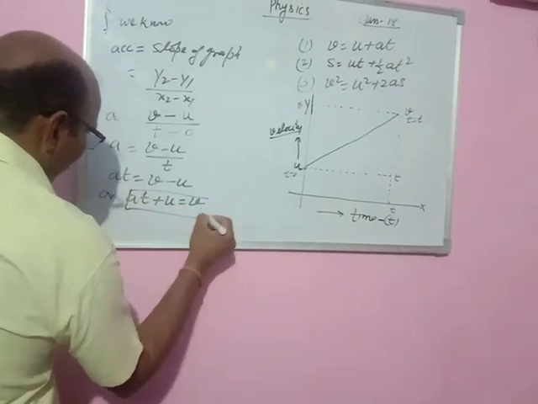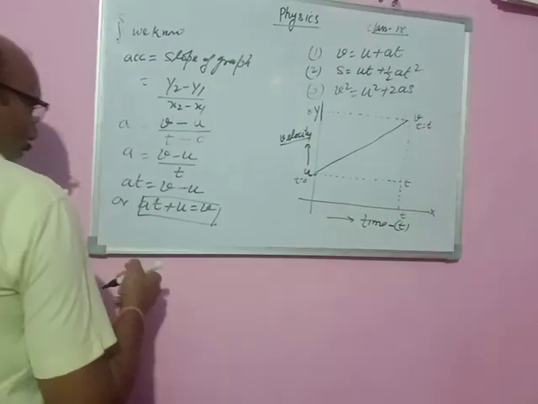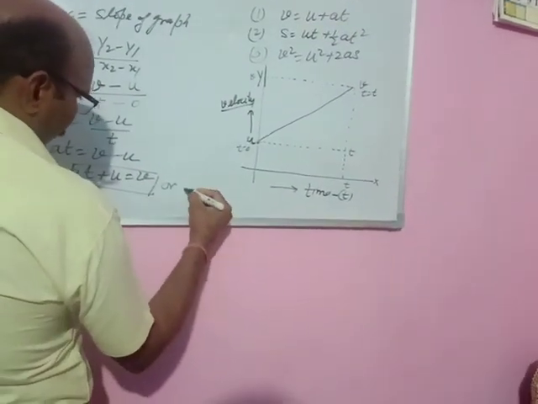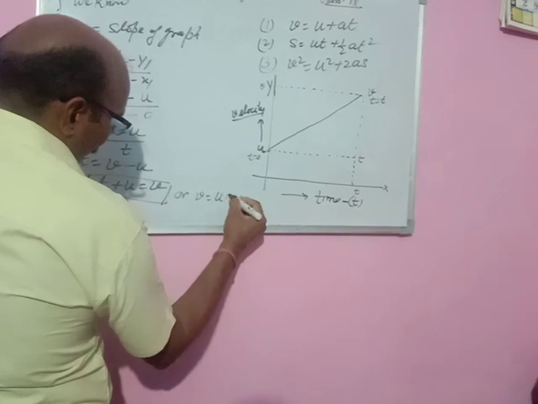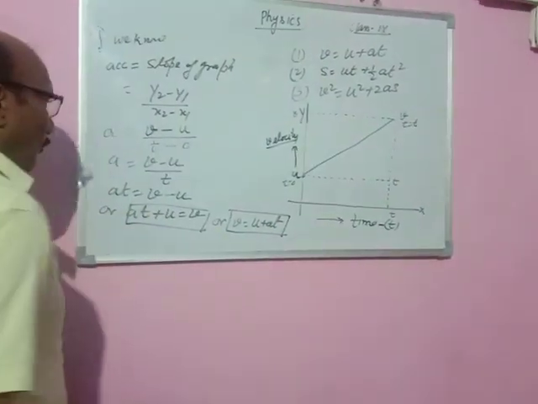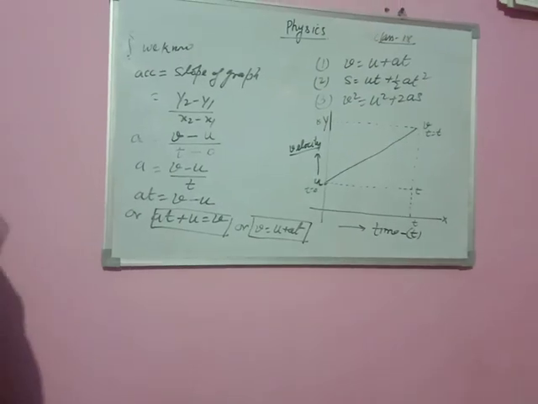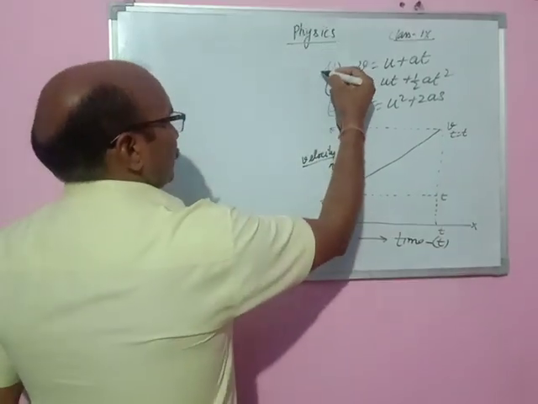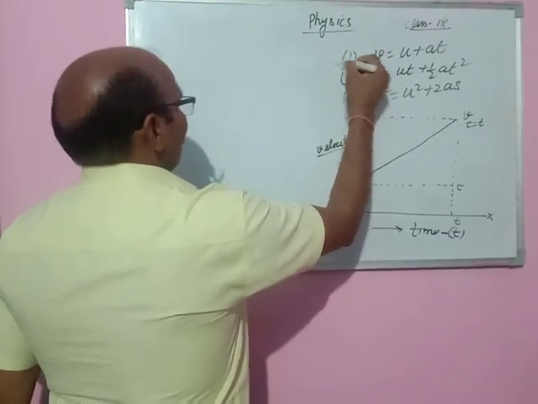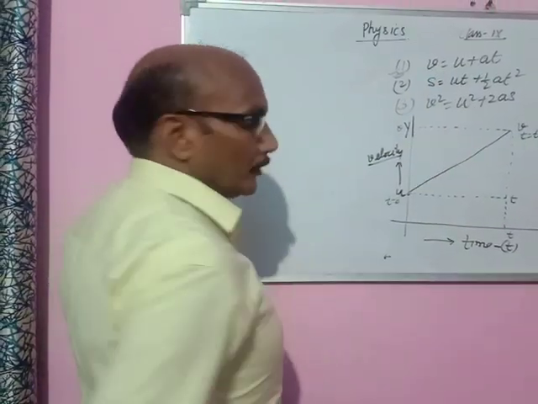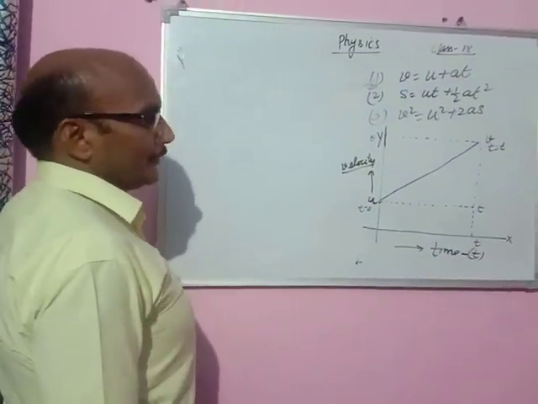This is the first equation of motion, v equals u plus at. This is the derivation of the first equation of motion. Okay, now the first equation of motion is derived. Let's come to the second equation of motion: s equals ut plus half at square.